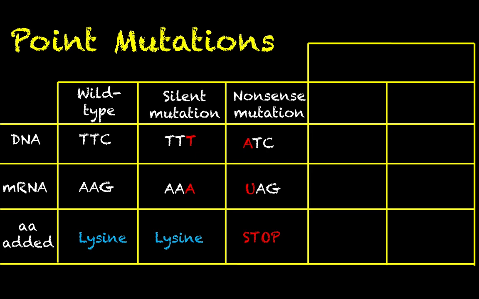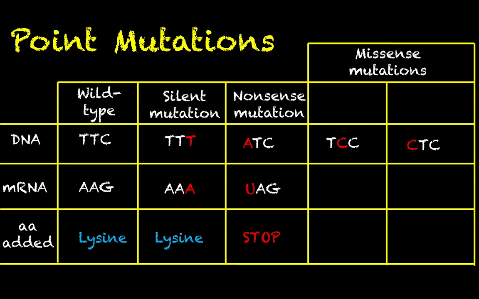A truncated or extra short protein in almost every case is going to be incapable of doing its job. So of all the mutations we're going to talk about here, the nonsense mutation is possibly the most deadly.